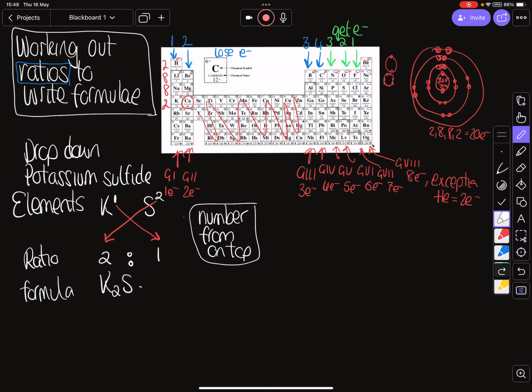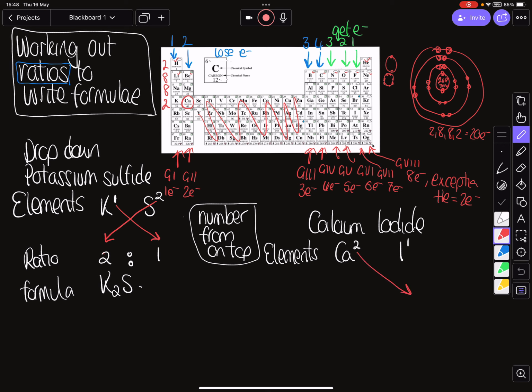Okay, so the next one that we're going to look at is calcium iodide. So again, we're figuring out our elements. So it should be Ca for calcium and I for iodine. Calcium lives in group 2, so it's going to get number 2 here, and iodine lives in group 7, and again we're looking at the numbers that we wrote on top, so that's going to get a 1.